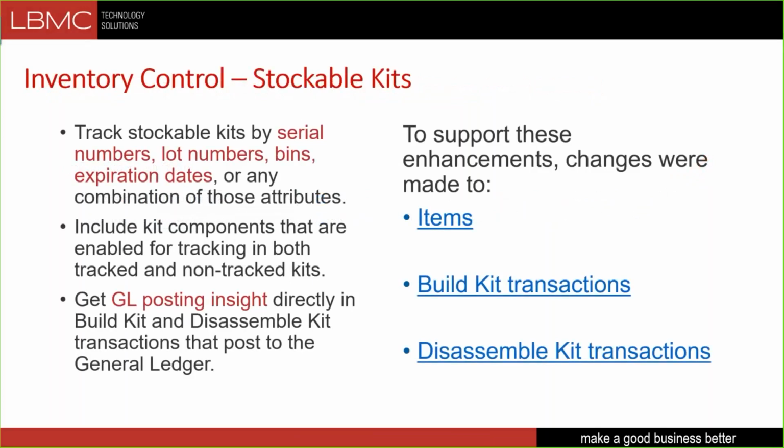And updates in inventory. There's quite a bit of improvements in stockable kits. You can now track them by serial number, lot number, bin, expiration date, or any combination. And if you're building a kit, you can enable tracking for parent and component items.